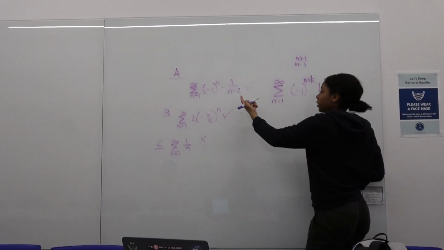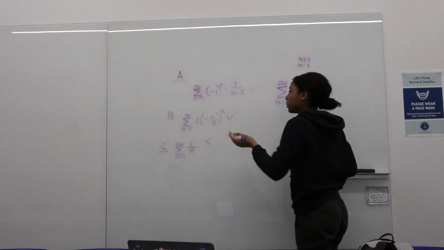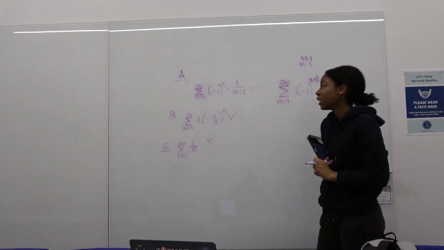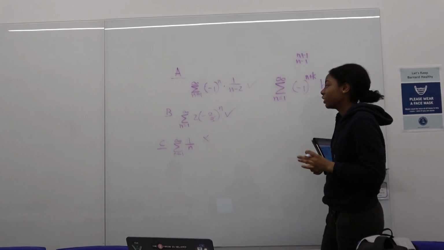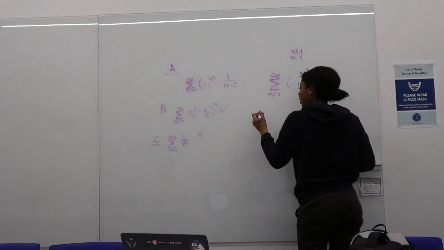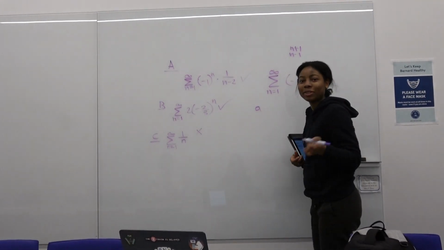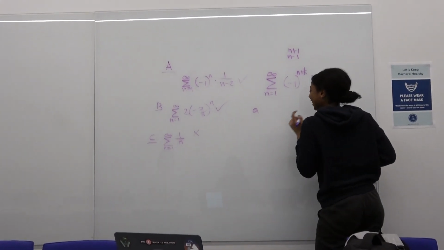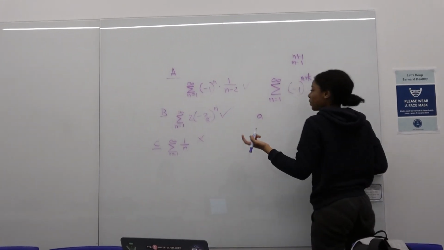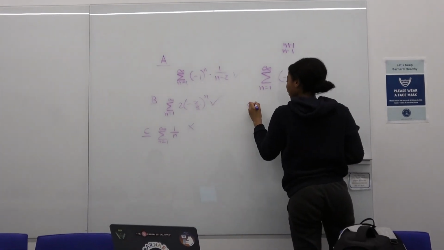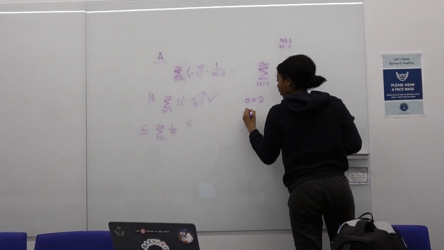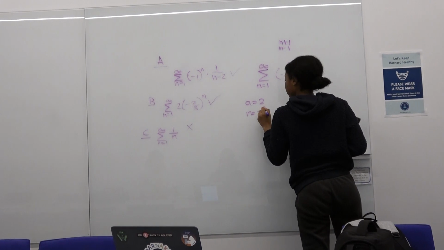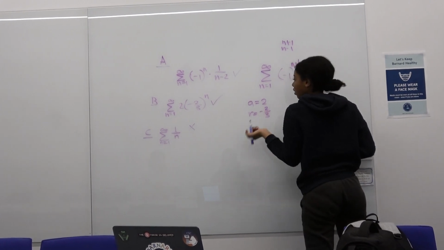So here we just have a regular alternating series. And for option B, what we have here is a geometric series where a is 2. You guys are going to learn about this in another lesson. That's not my responsibility. Where a is 2 and r is negative 2/3, and it's raised to the power of n.